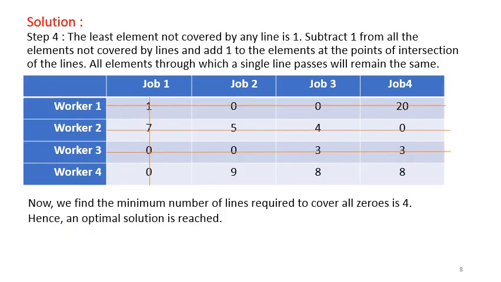The least element not covered by any line is 1 in the previous table. Subtract 1 from all the elements not covered by the lines and add 1 to the elements at the points of intersection of the lines. All elements through which a single line passes will remain the same.